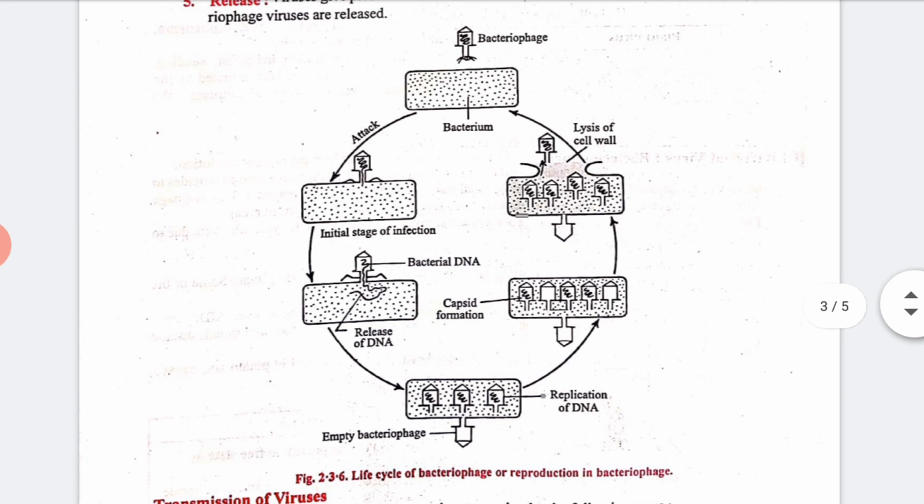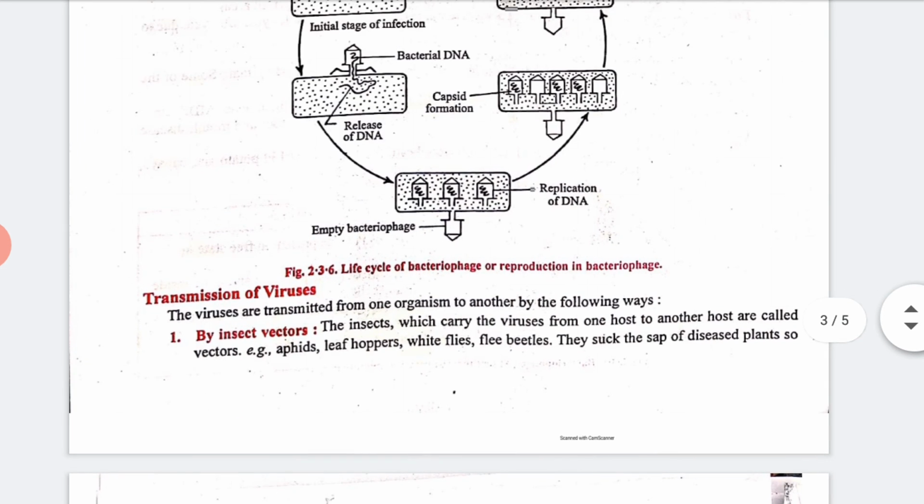Yes. So now next we have transmission of viruses. How do they get transmitted? Viruses are transmitted from one organism to another by the following ways. First, by insect vectors. The insects which carry the virus from one host to another are called vectors, like leaf hoppers, white flies, flea beetles.